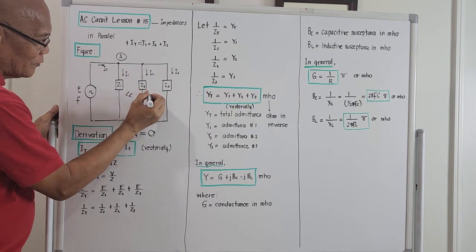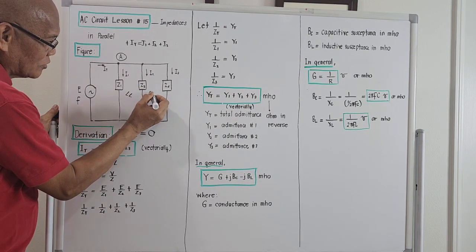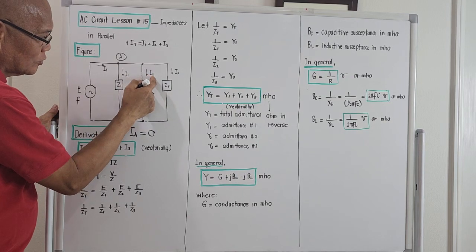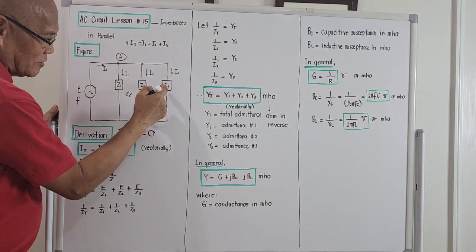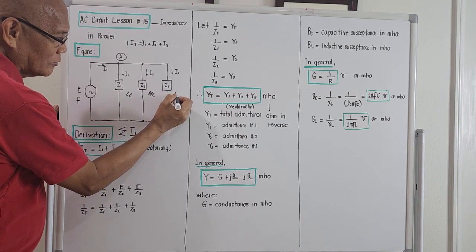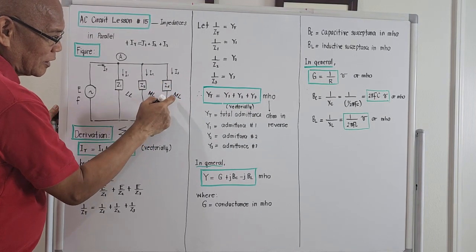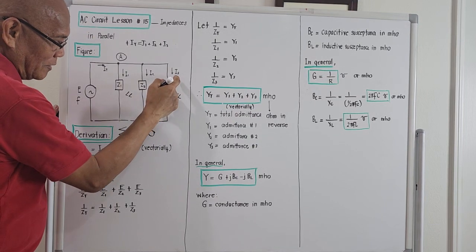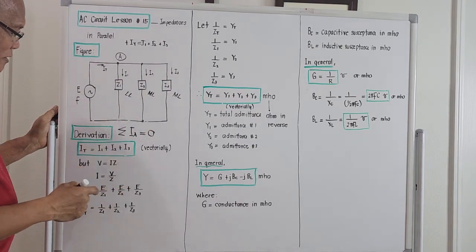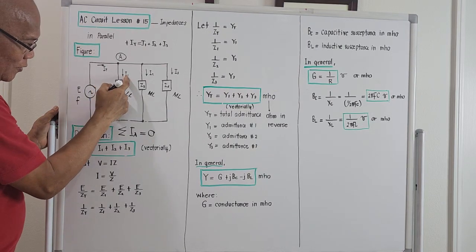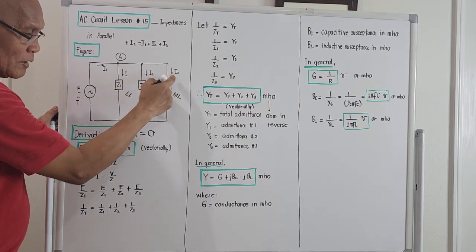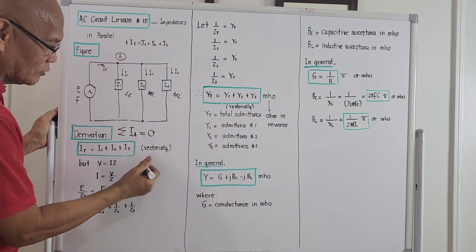If C2 here will be a motor load, assuming it's a motor load, I2 will be the current being consumed by this motor load. And if C3 here will be again a motor load, the total consumption of this motor load will be I3. The meaning of this: I total should be equal to the sum of I1 plus I2 plus I3, with the given condition, vectorially.